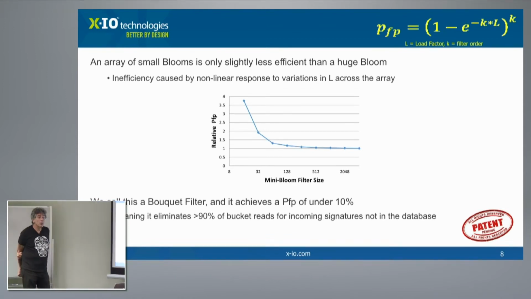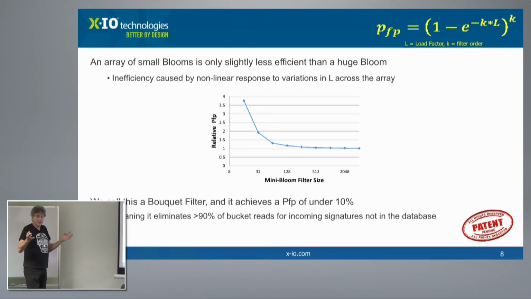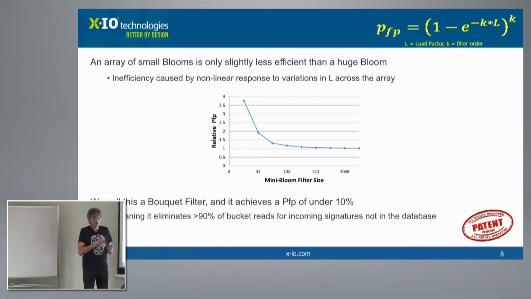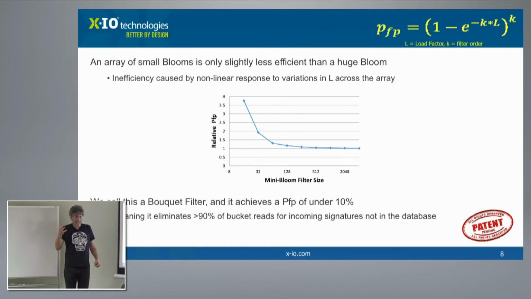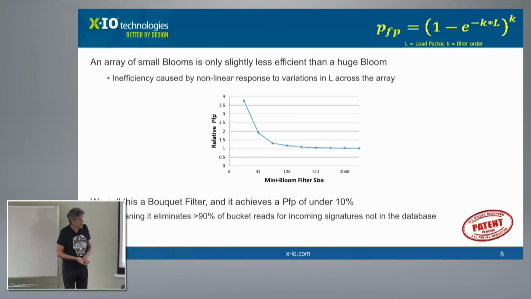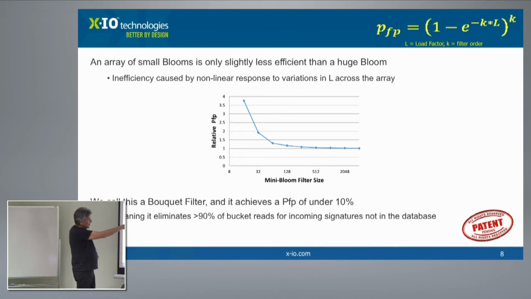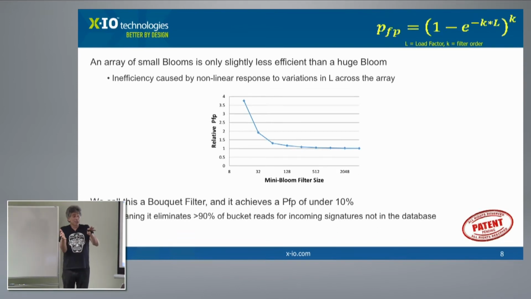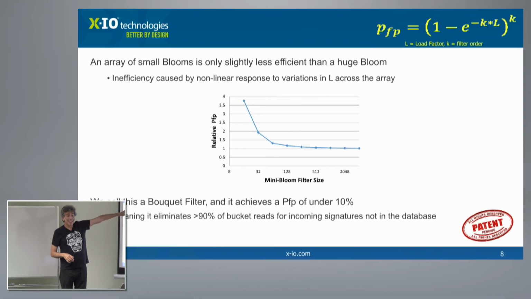The reason for the inefficiency is when you pepper this array with stuff, as I said, the number of entries in the array is a Gaussian distribution, right? But this formula is nonlinear. So the guys who are on the right side of the distribution, who have more entries than the average, their performance gets hurt a lot.